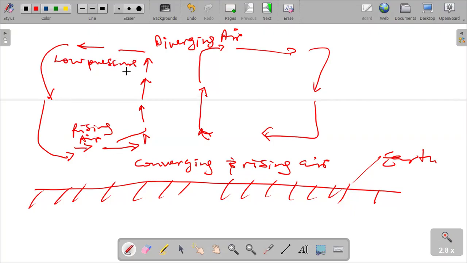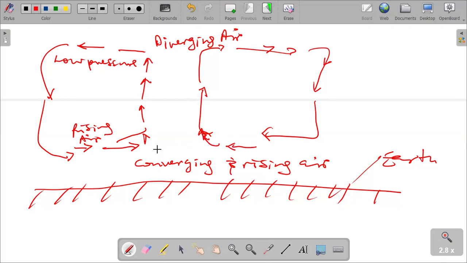We have got our low pressure, and as I explained, we said that air converges. This is the same air that rises on the earth's surface.